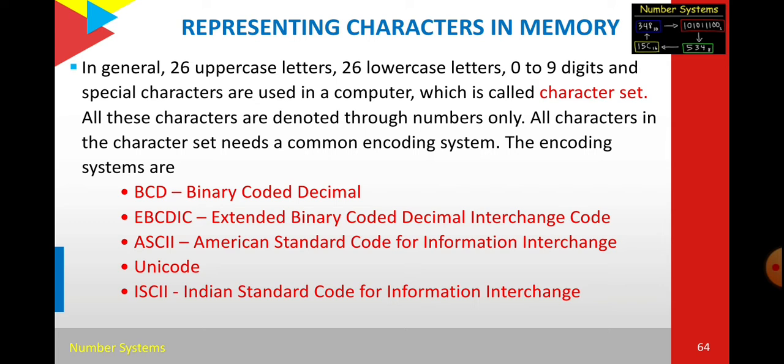Here BCD is the oldest format. Nowadays we are not using this binary coded decimal format because BCD uses only a 6-bit code. For that, we can represent only 64 characters. So this was used in the old versions of computers. Now you can see them one by one in detail.